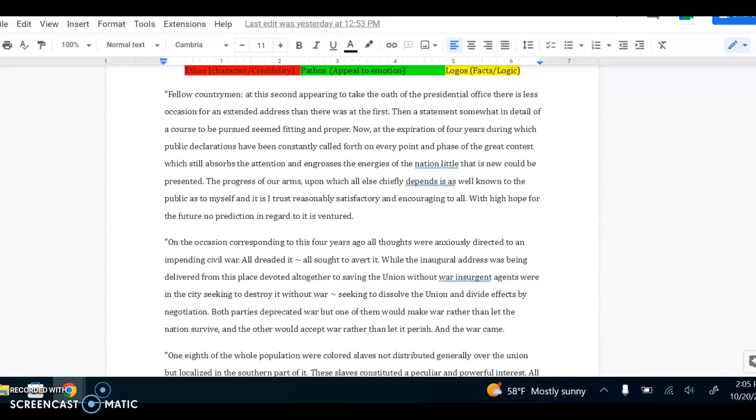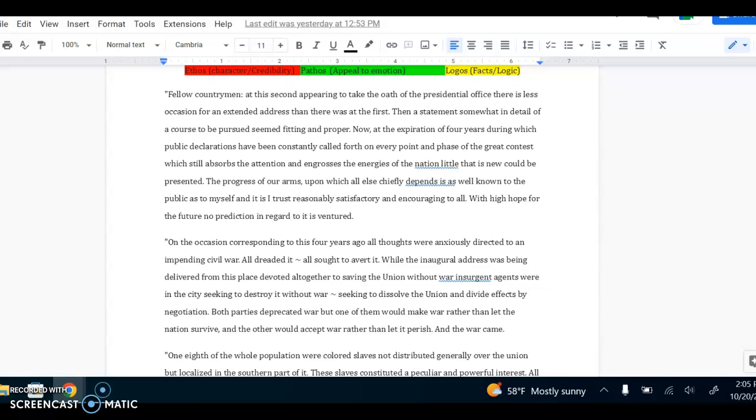Now, at the expiration of 4 years, during which public declarations have been constantly called forth on every point and phase of the great contest, which still absorbs the attention and engrosses the energy of the nation, little is new could be presented. The progress of our arms, upon which all else chiefly depends, is as well known to the public as to myself, and it is, I trust, reasonably satisfactory and encouraging to all.